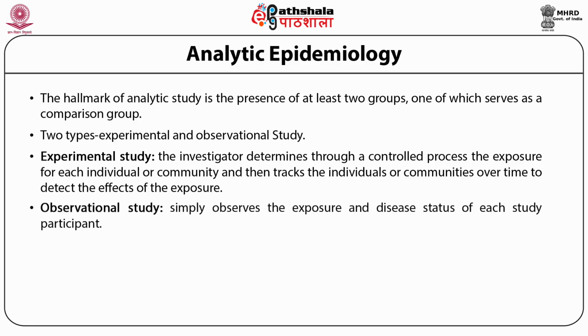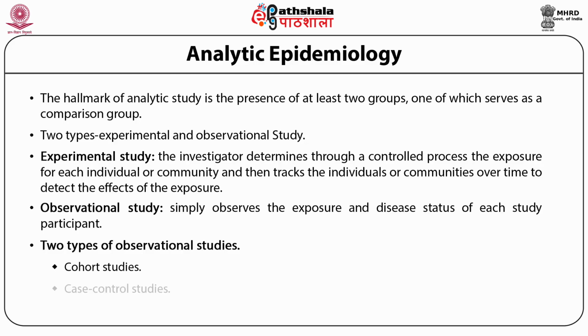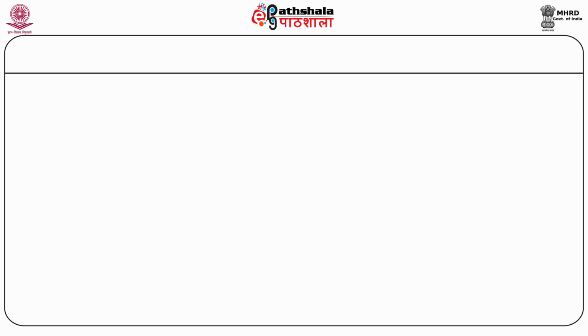In an observational study, the epidemiologist simply observes the exposure and disease status of each study participant. The two most common types of observational studies are cohort studies and case control studies. A third type is cross-sectional studies.